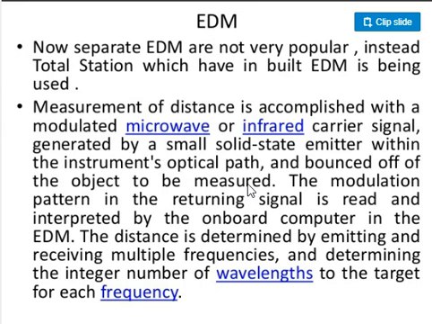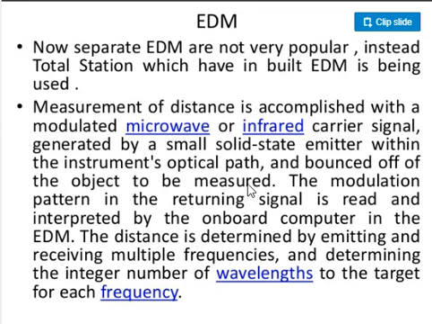When you know the time of travel of that wave from point A to point B, and you know the speed, then since speed equals distance divided by time, distance is given by speed into time. The speed of the electromagnetic wave is normally taken as the speed of light.